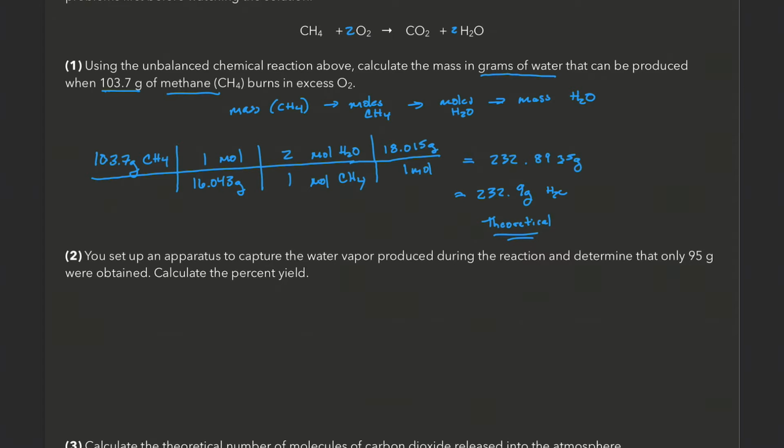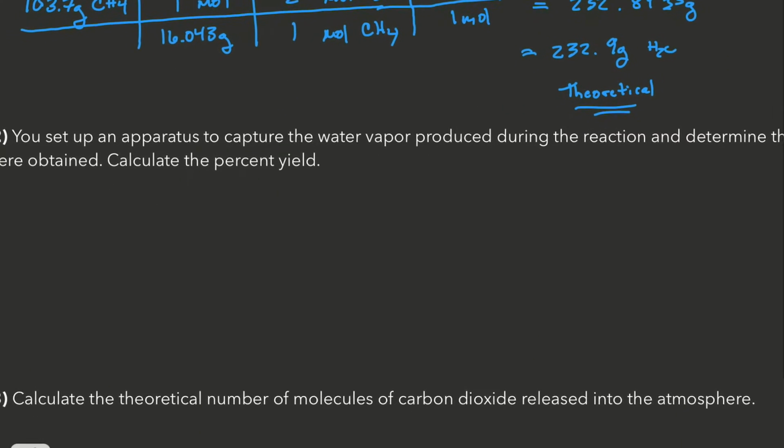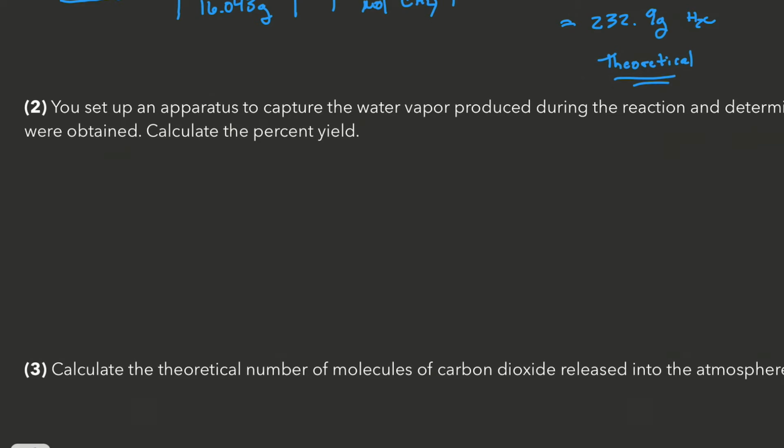You need to calculate what we call the percent yield, which is basically to say, how efficient were you at obtaining the product that you were wanting? So percent yield is equal to the actual yield that you acquired over the theoretical times 100. In this case, I only actually obtained 95 grams.